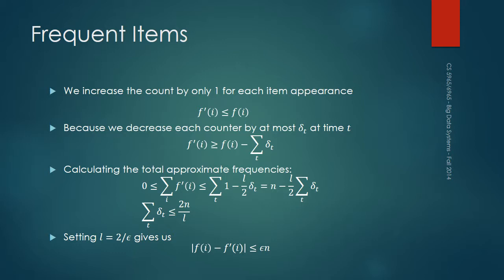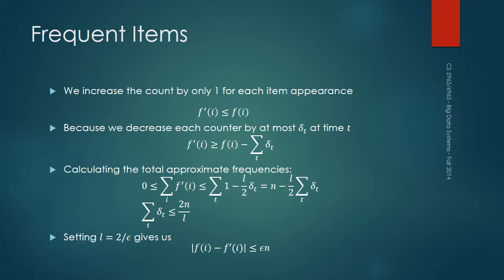And then the sum over delta t, with L over 2, is what I'm reducing from that. The delta t sometimes could be zero, right? You're not subtracting it every time. So that becomes n, the total number of entries that came in. This is L over 2 times the summation over all times of delta t, which is the number of items that you reduced.